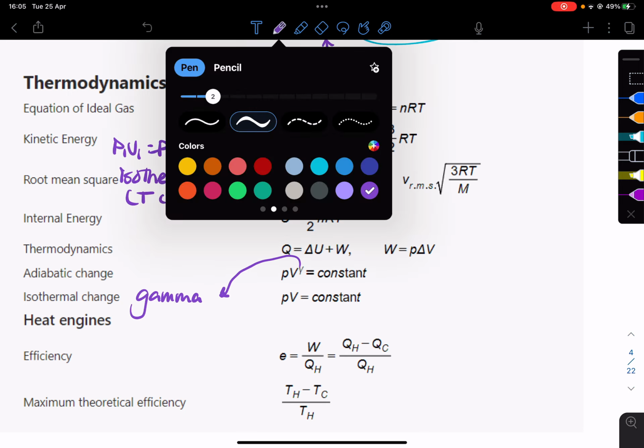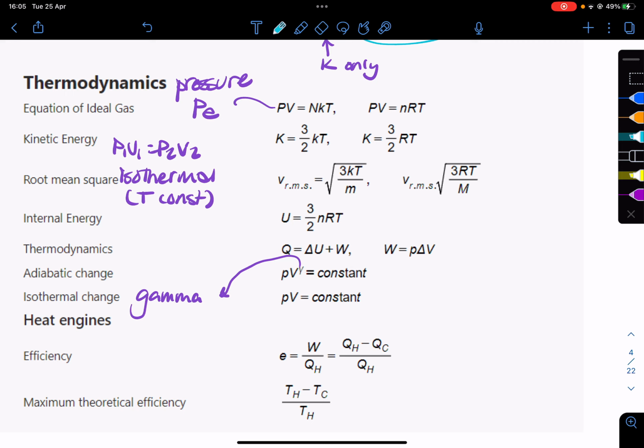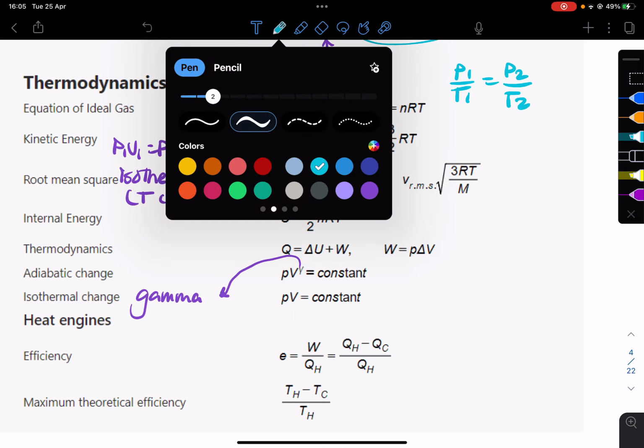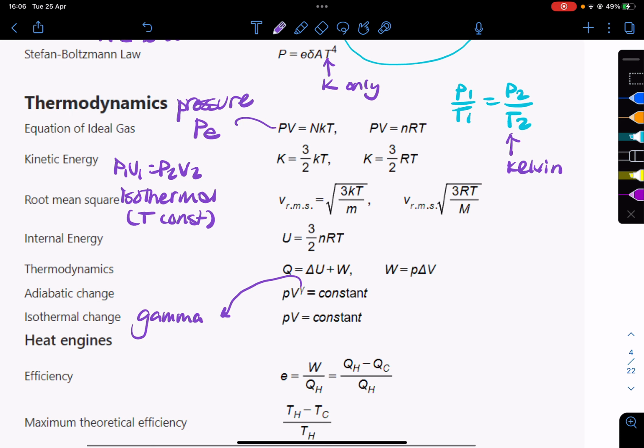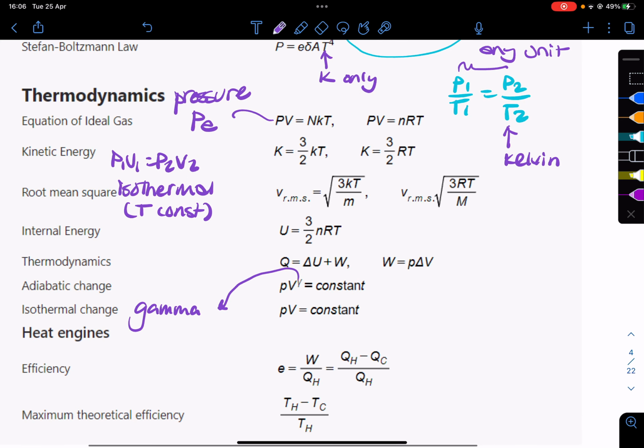Okay, you might also need to know that if volume is constant, then P1 over T1 equals P2 over T2, and T is always in Kelvin. And P, it doesn't matter what unit, as long as they're the same unit. It doesn't matter what P is in this equation and this equation.